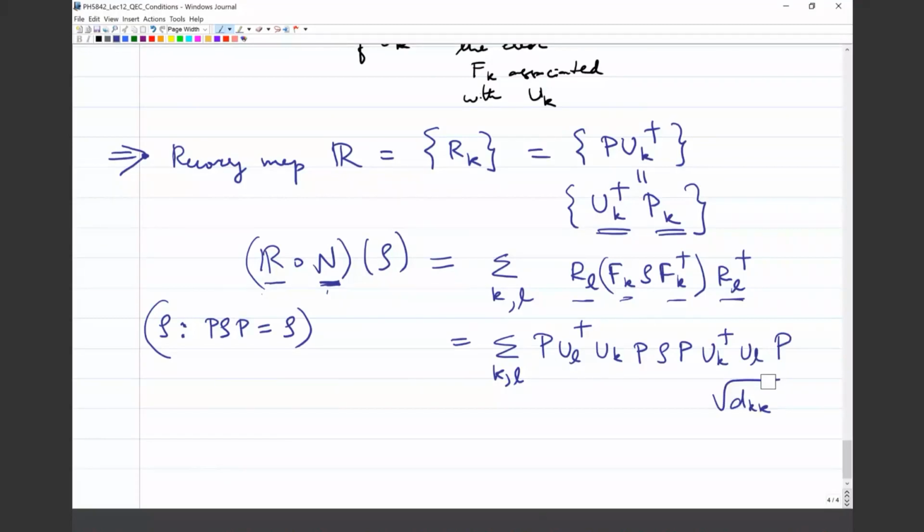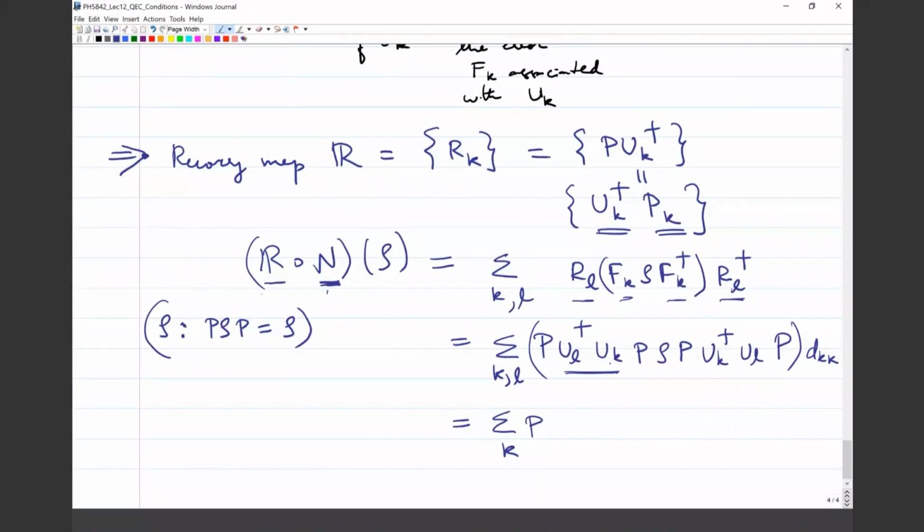So this whole thing has to be multiplied by this number. And now what happens? Whenever K is not equal to L, this sum vanishes. So this becomes a sum over a single index. But UK dagger UK is nothing but identity. So this just gives me P.